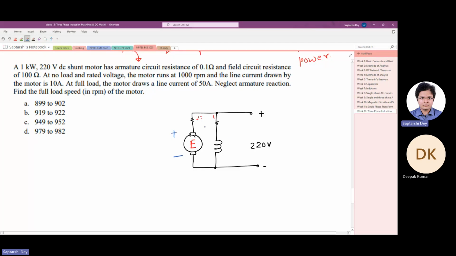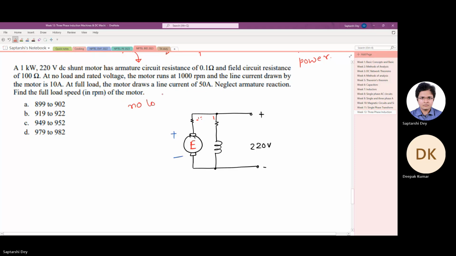so this is the DC shunt motor. Now at no load, 220 volt, it is drawing 10 ampere of current.